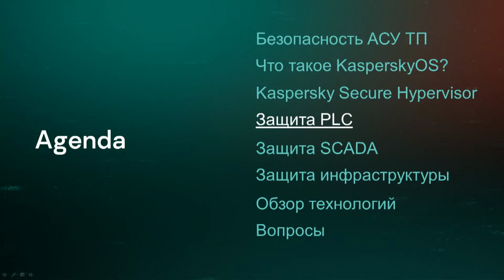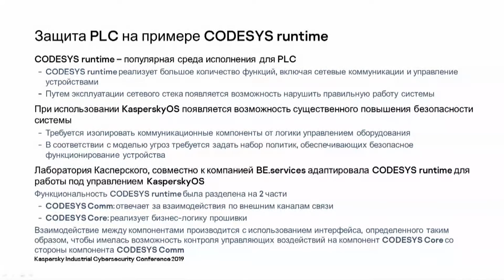Let's see how these technologies work together in the field of defending industrial system components. First is PLC protection. Many of you may be aware of what CODESYS runtime is. It's an execution environment for PLC.